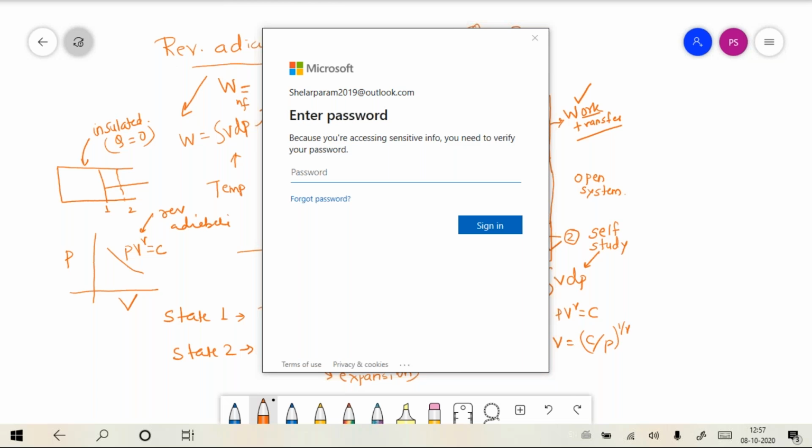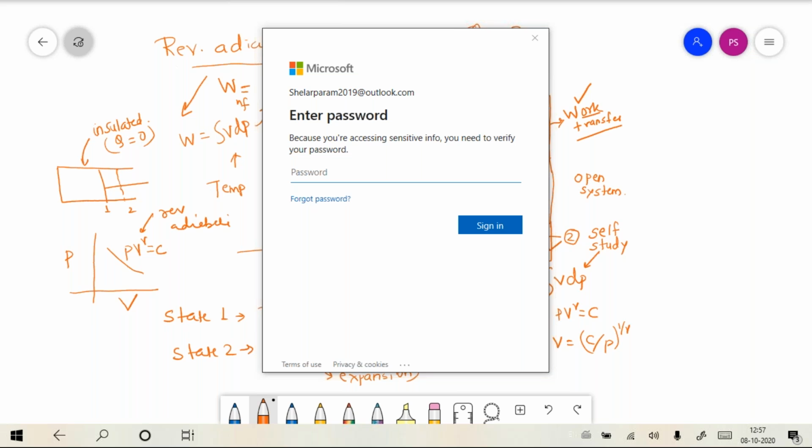Just a minute, it is loading. I haven't erased anything of what we had discussed yesterday. Once the whiteboard is seen by you, you would start noticing this display. It is taking time. Yes, now it is seen.